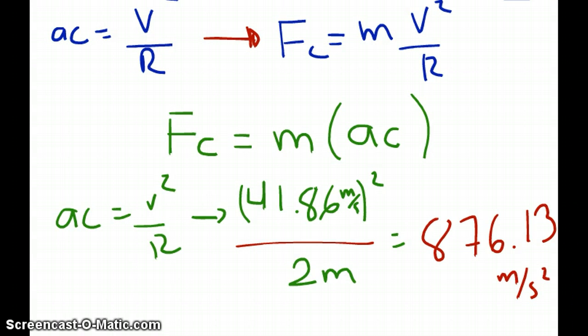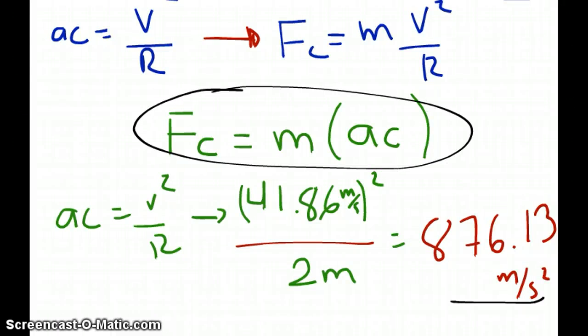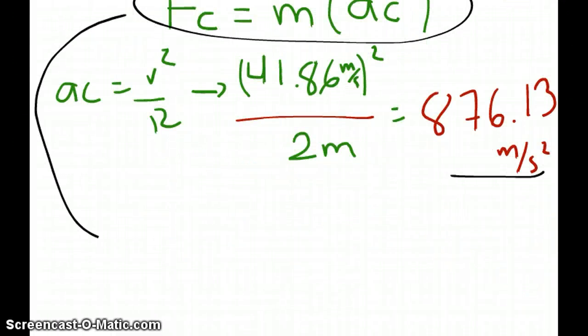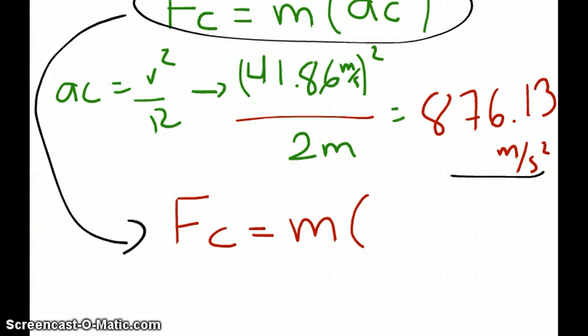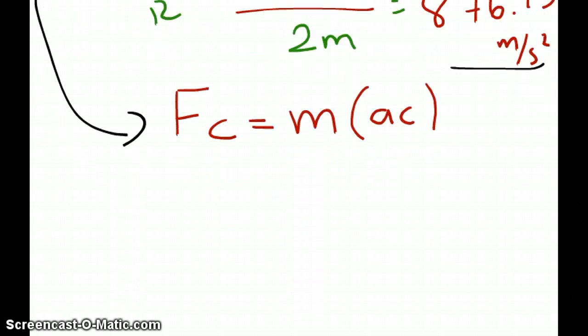We can use our formula, so let's write it again. FC equals mass times centrifugal acceleration, AC. Let's solve.